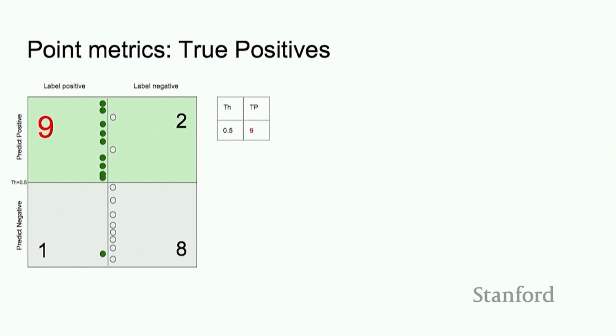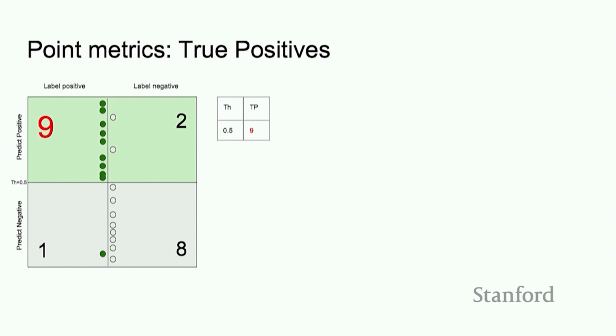So the number in the top left quadrant is called true positives. True positive is a confusing term. True positive sounds like it refers to the ground truth, but unfortunately the term true positive refers to examples that were actually positive and were also predicted to be positive, right?